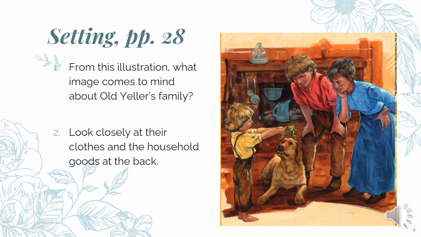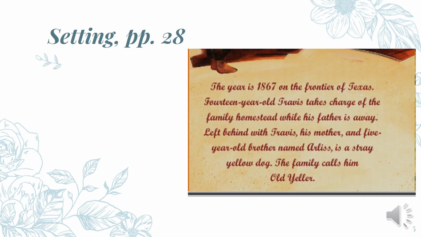We might have an idea that this story happens in the past, and of course we knew from the genre that this is historical fiction. So the setting means place and time.